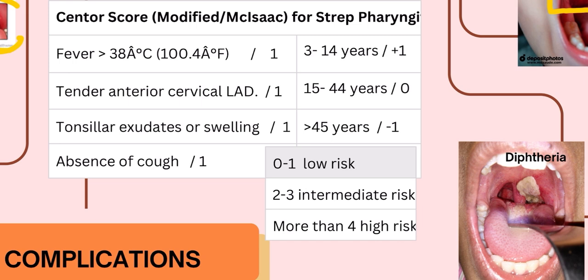If from 2 to 3, this is intermediate risk, and a further test by rapid antigen detection test, plus or minus throat culture, is needed. If 4 or more, this is high risk, and in this case investigation is mandatory, and sometimes empirical antibiotics can be started.